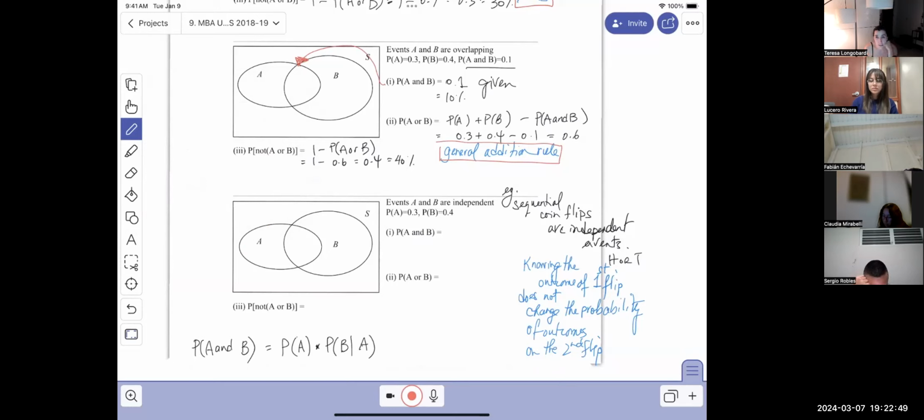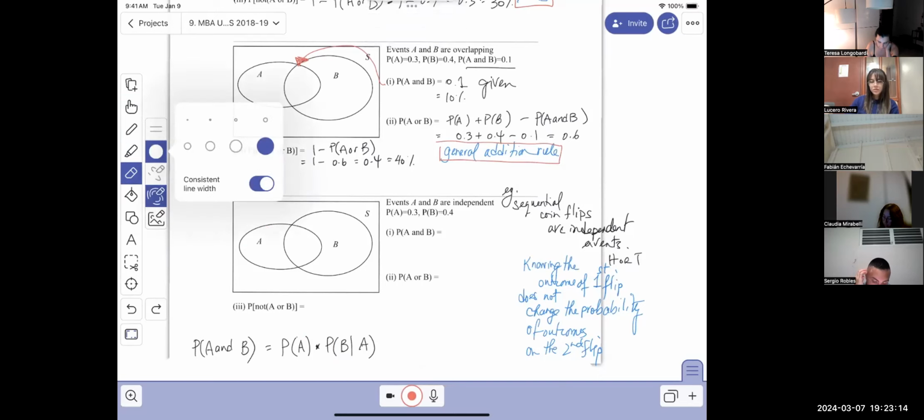This is the rule, the way you would calculate the probability of A and B if I didn't tell you they were independent. This is the general way you would do it. I'm going to erase this, but this is just a multiplication. I just want to show you in case you don't understand what I'm doing.